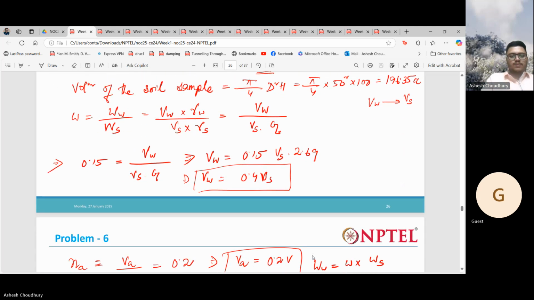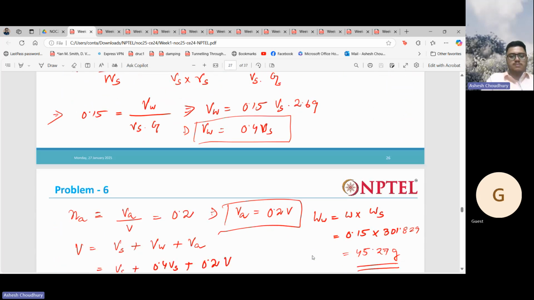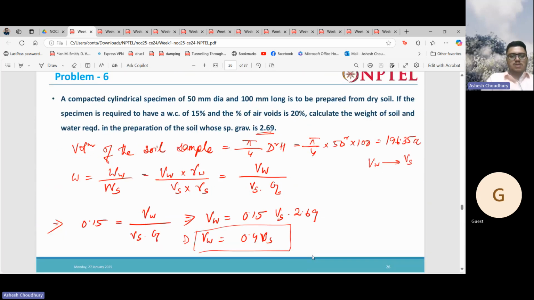So what is this? Similar problem. See, this problem is not difficult, but you need to put some logic behind it. So we see this problem properly, yeah?